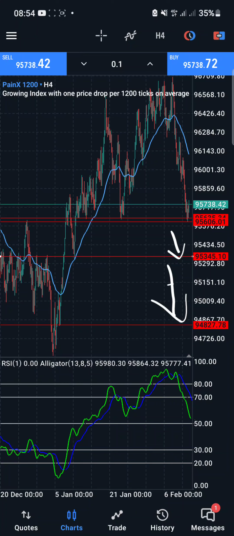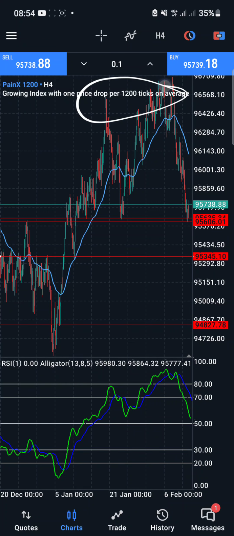So this is a unique trading strategy which you can use to trade spikes. The first thing you should do is to identify the trend. The trend should be going on downtrend because we are trading spikes in Painx. The second thing is to let it come from the resistance zone.